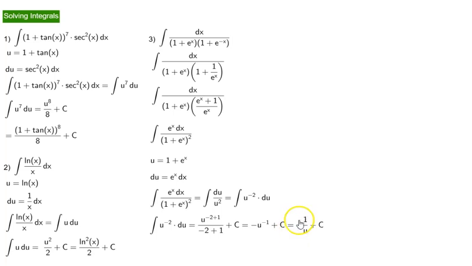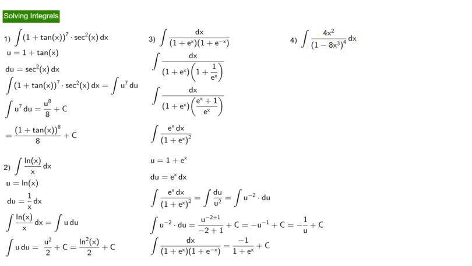Or we can say minus 1 by u plus c. And substituting the value of u, we get minus 1 by (1 plus e to the power of x) plus c.